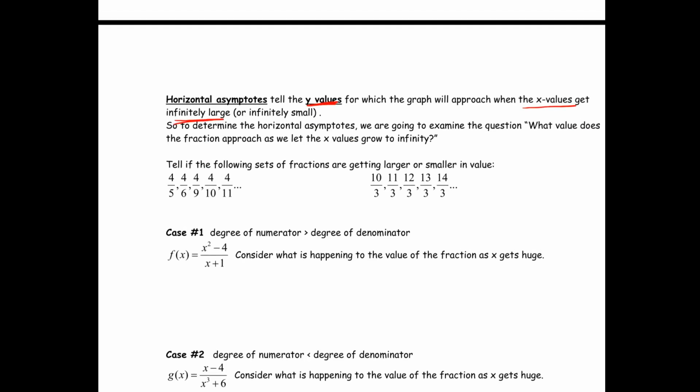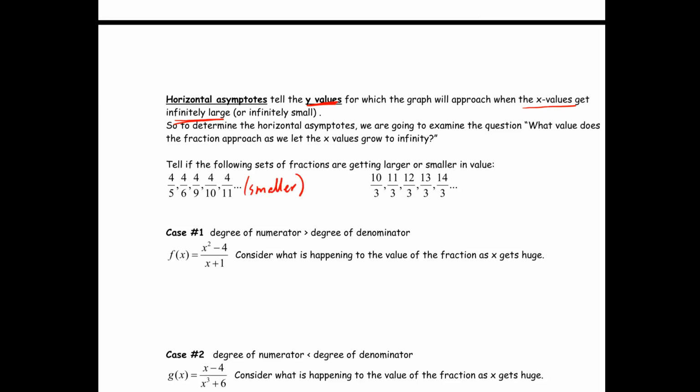So remember, rational functions are just functions that are fractions. So if I'm looking at the actual y value, the value that comes out of the fraction, I want to see, well, what happens as I get infinitely large? So take a look at these fractions. Tell if the following sets of fractions are getting larger or smaller in value. So this first one, yep, these are getting smaller.